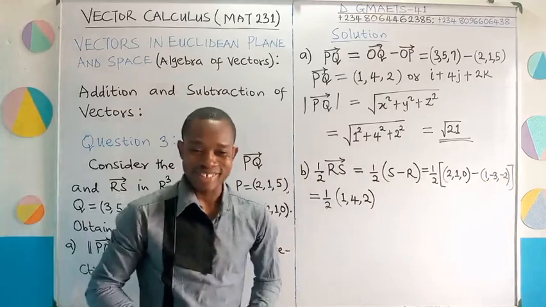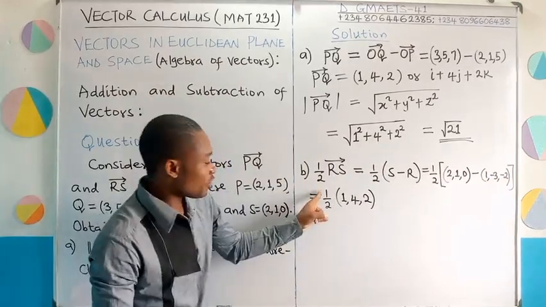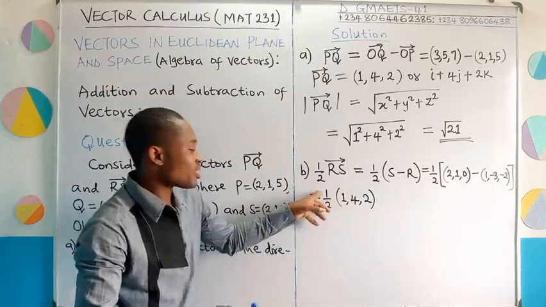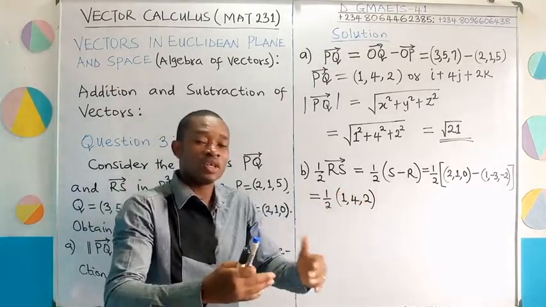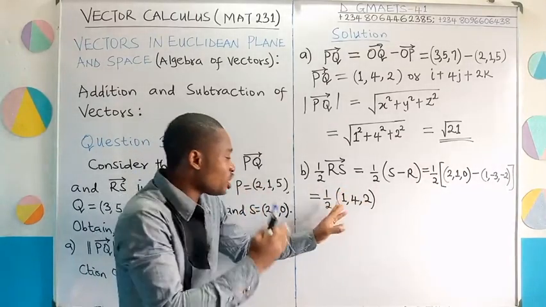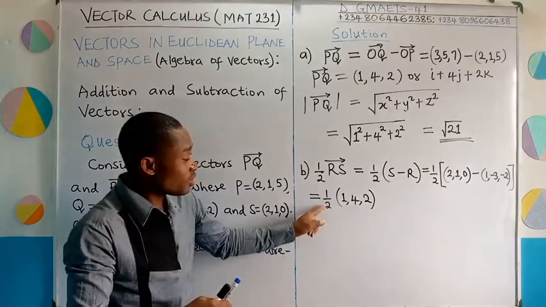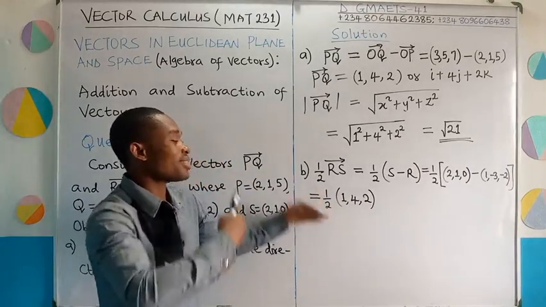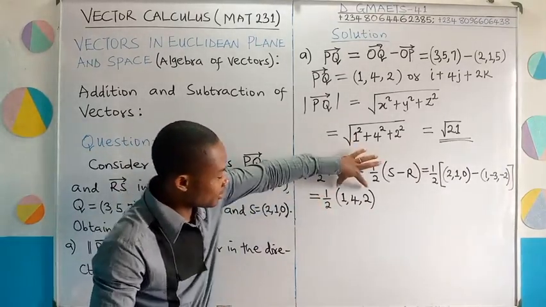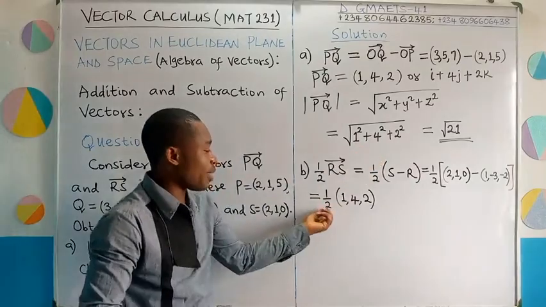Now, remember, 1 over 2 here is a scalar. If you use a scalar to multiply a vector, that scalar value will multiply each of the components of the vector. And then you notice that this multiplication is the same as simply doing 1 times this vector and then dividing it by what? 2.